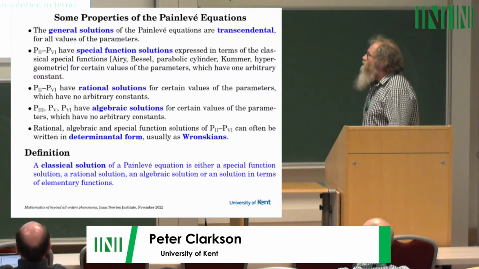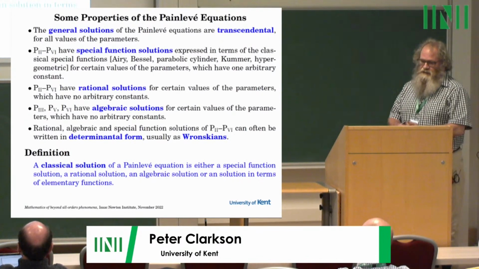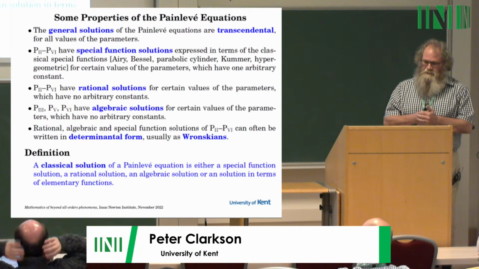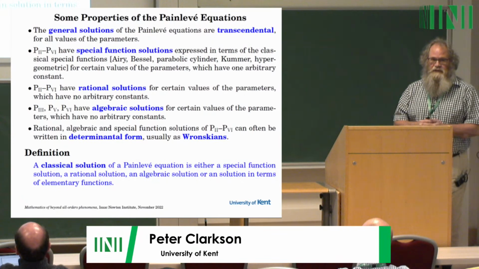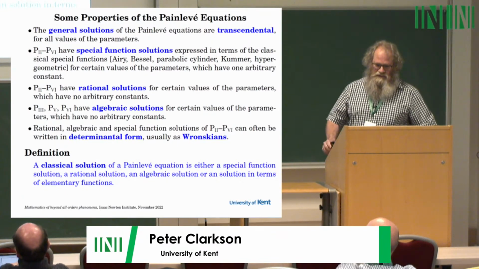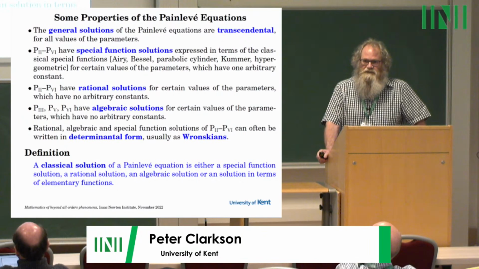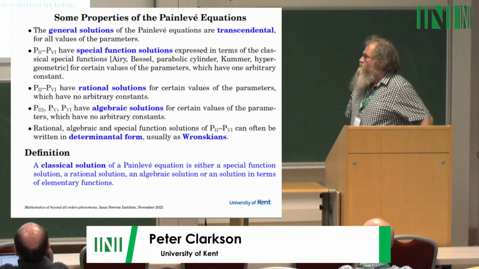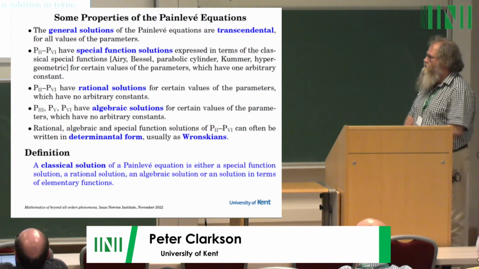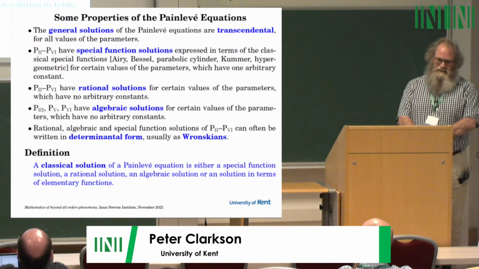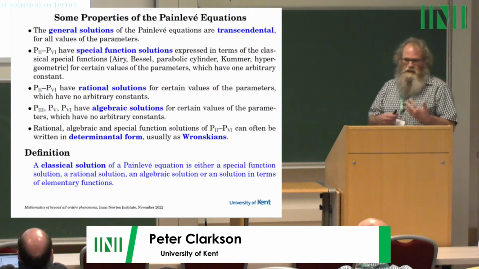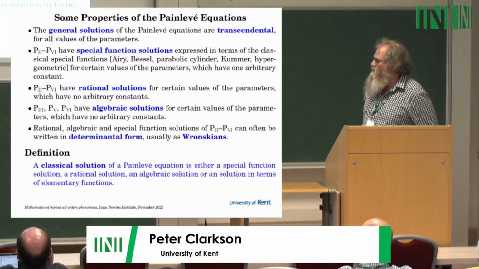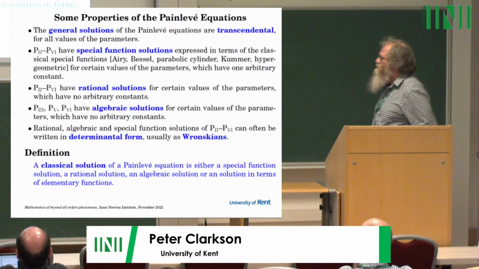So, to summarize some properties, the general solutions are transcendental. The second to the sixth have special function solutions expressed in terms of the classical special functions for certain values of the parameters, but they only depend on one arbitrary constant. Second to the sixth also have rational solutions which involve no arbitrary constants. There might be an arbitrary parameter, but there's no arbitrary constant in it. And they have algebraic solutions of P3, P5, and P6.